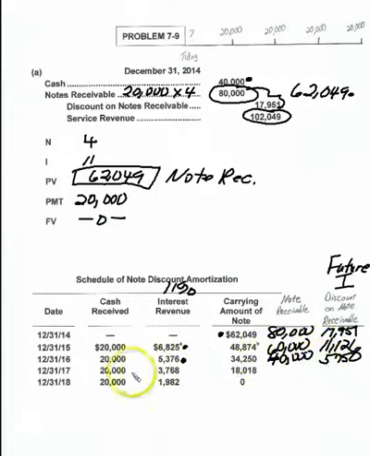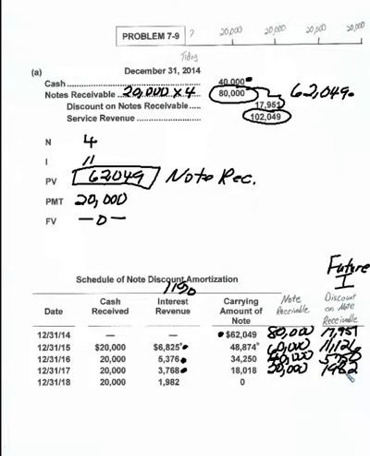The third year, there will be another $20,000 payment, reducing our total note receivable to 20. At the end of the third year, there's only 20,000 left. We also take this last year's ending carrying value times 11% to get the 3768. That 3768 will come out of the discount, and now the discount will have a balance of 1,982.